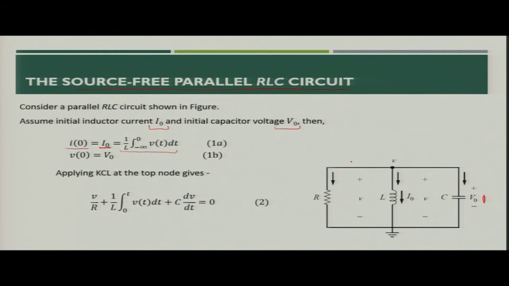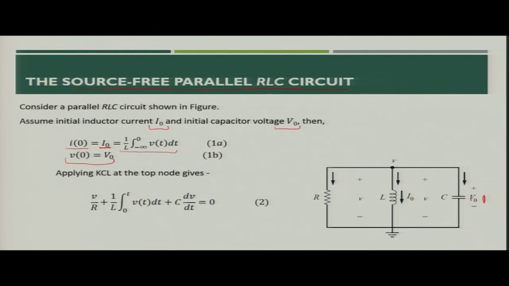So, the current flowing at time t equal to 0 will continue to flow in the circuit as it did before t equal to 0. Similarly, at time t equal to 0, we are assuming that the capacitor is initially charged with voltage V naught.